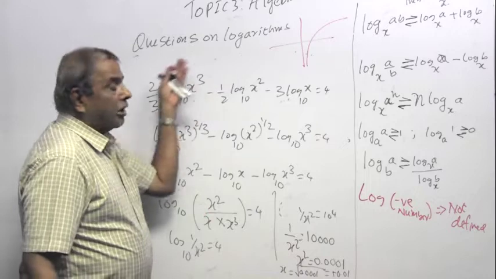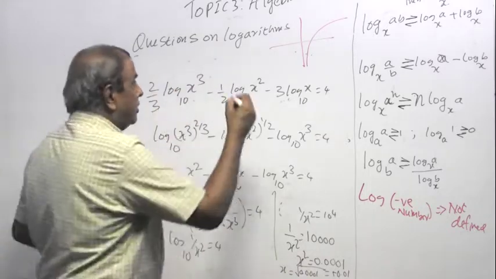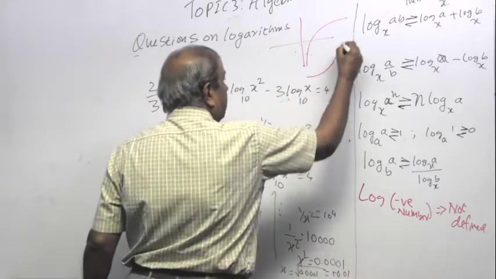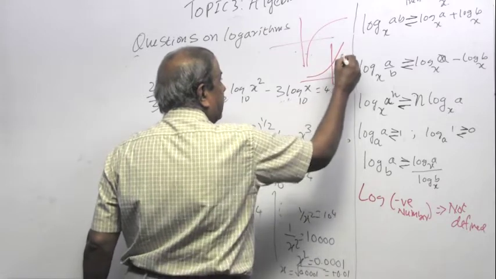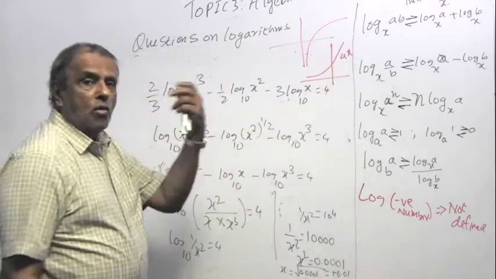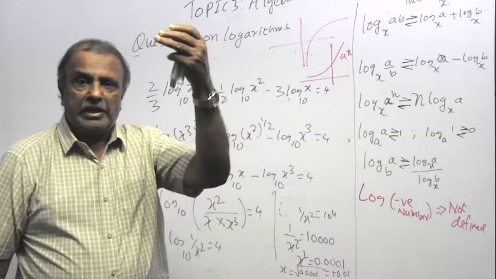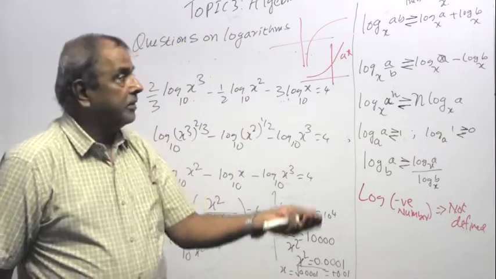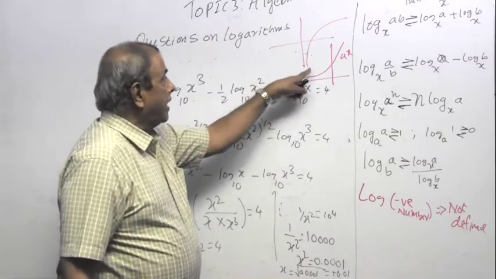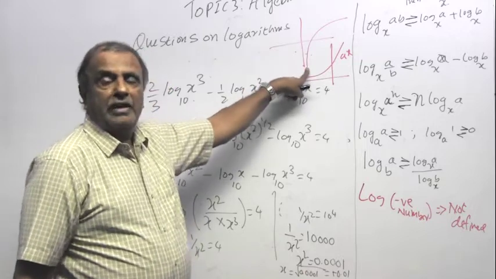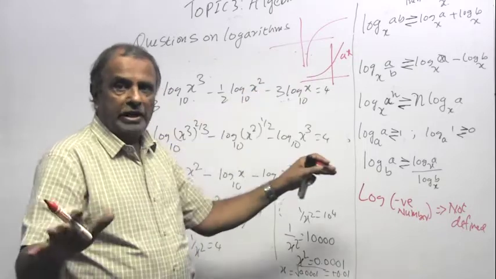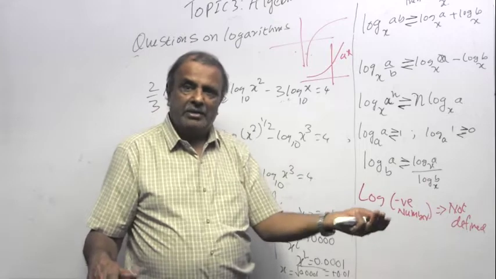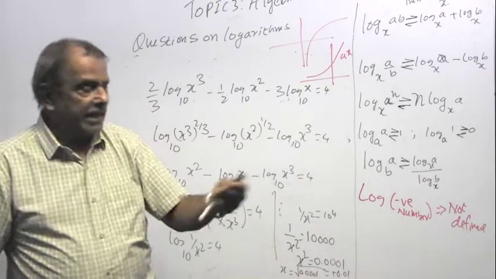So there is no graph for negative x. Like, a power x can never be negative. If a is positive, a power x is never negative, so there is no value of x. If x is negative, there is no logarithm. Log x can be negative, but x cannot be negative.